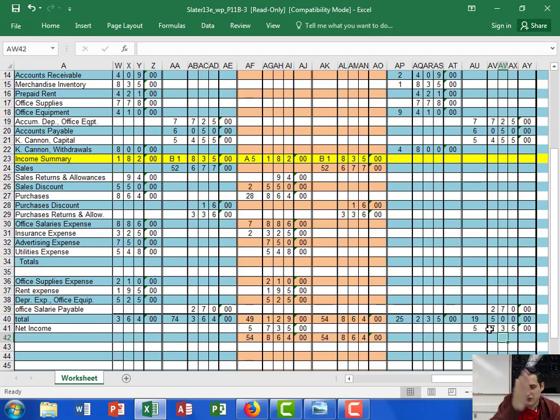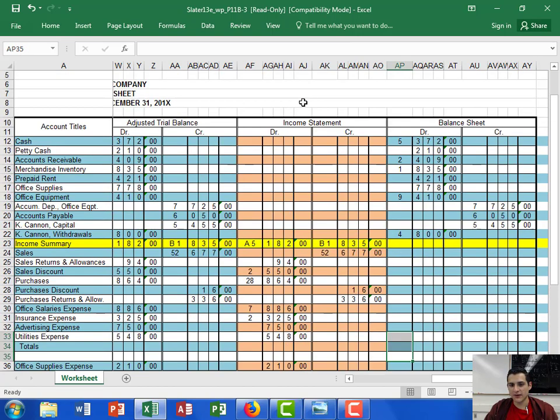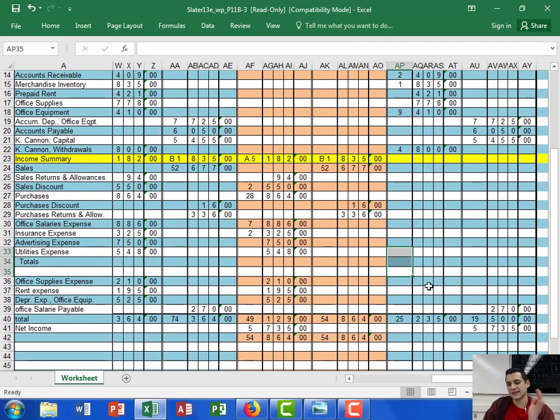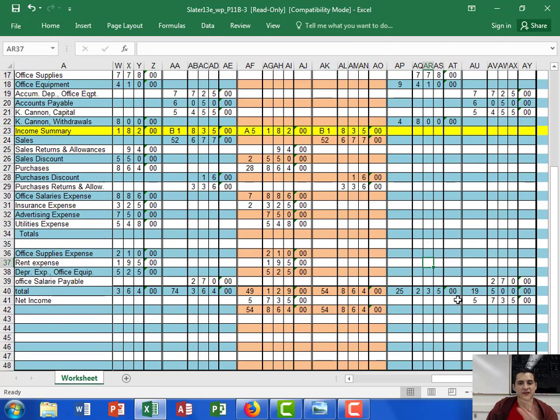So once you calculate something out of the income statement, that number needs to go over to the statement of owner's equity. Whatever happens in the statement of owner's equity needs to go over to the balance sheet in order for everything to be updated. Now, the reason why you don't see the statement of owner's equity in between the income statement and balance sheet is because it's not really needed for just trying to figure out your numbers to see if they're right.